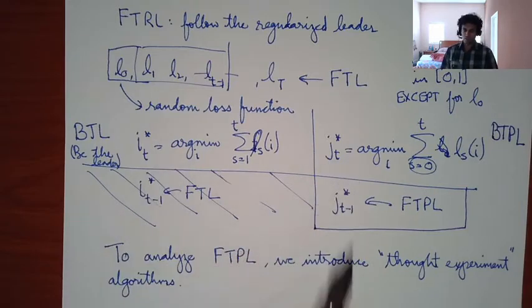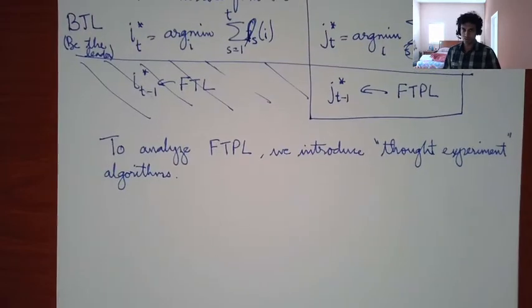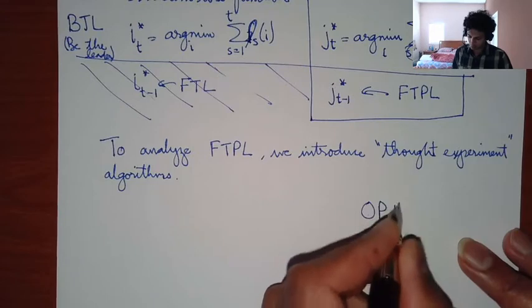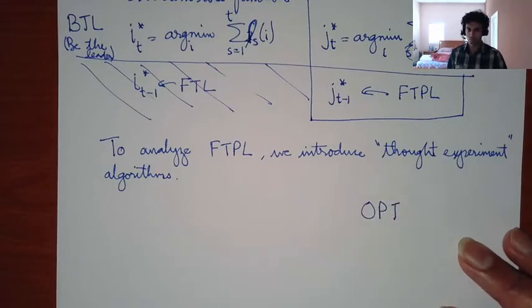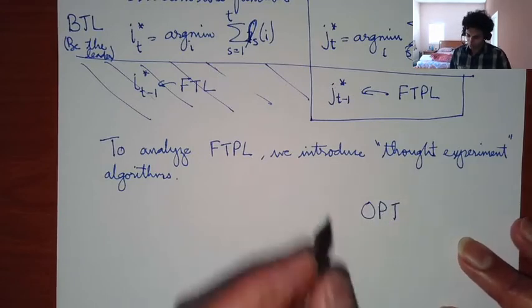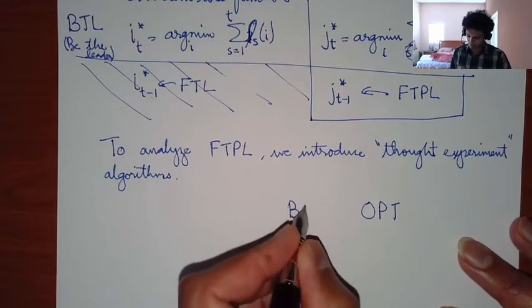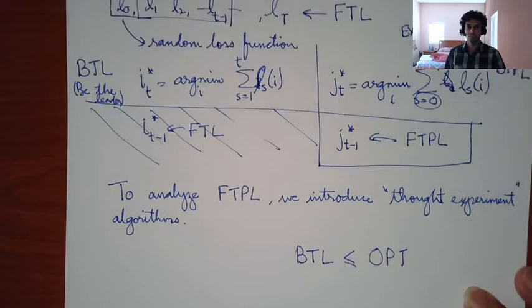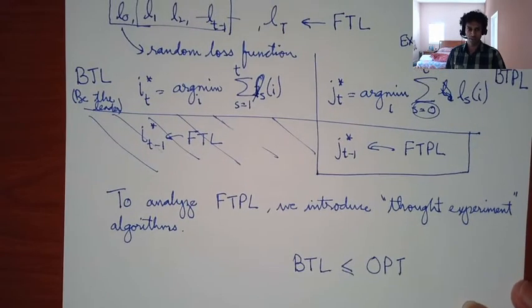Now the reason to define these is that the analysis goes in these steps. Let's look at opt. We'll say that Be the Leader is going to be at most opt. This is going to be a simple argument.